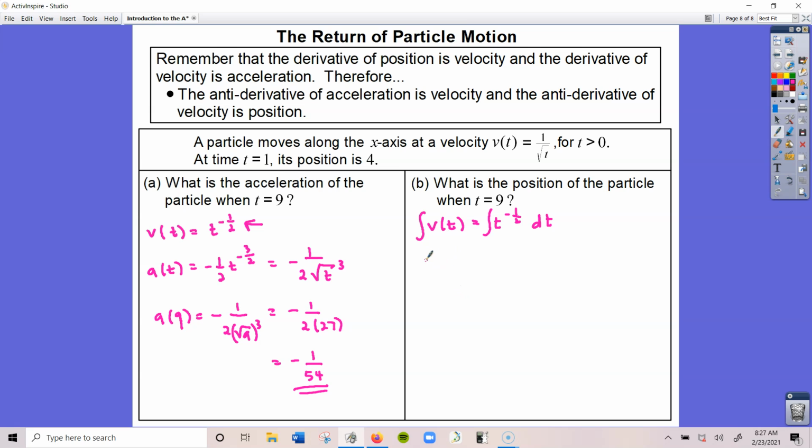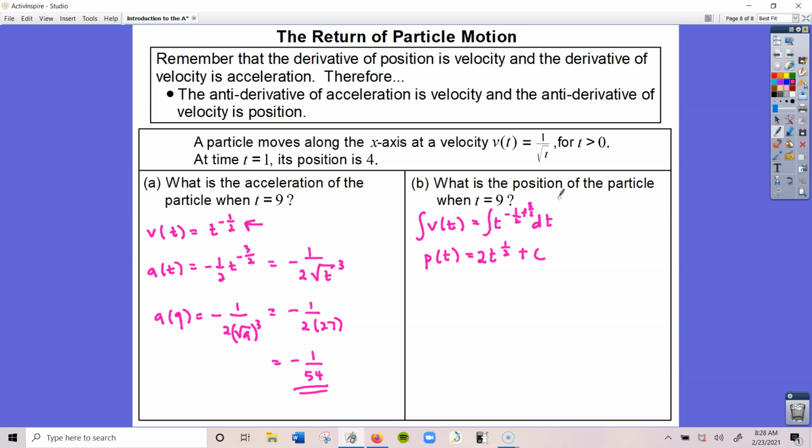So this is going to give me p of t for position, and I'm going to add 1 to my exponent, so t raised to the 1/2, and then we would divide by the new exponent. So divided by 1/2 is the same thing as multiplying by 2, since we're multiplying by the reciprocal of 1/2, and then of course plus c.